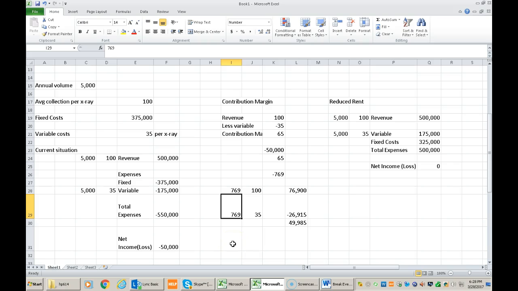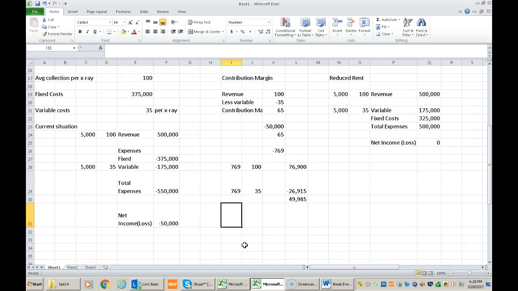And here, if you're going to continue, John now knows that he has to increase volume by 769 units. Now, we typically wouldn't talk about it in that way. We would say we want to increase it an X percentage, right? So 769, what is that increase of units in terms of the percentage?